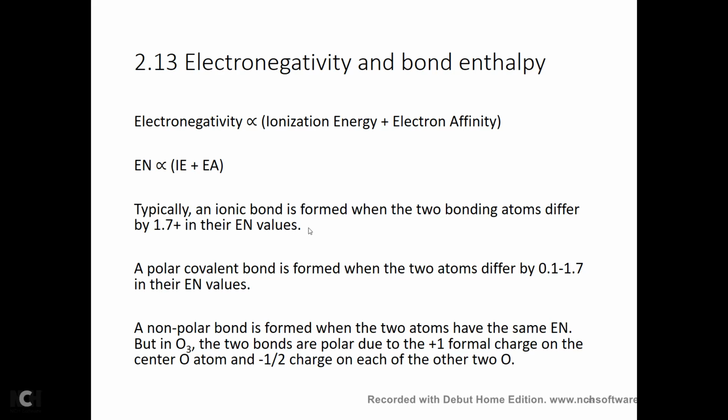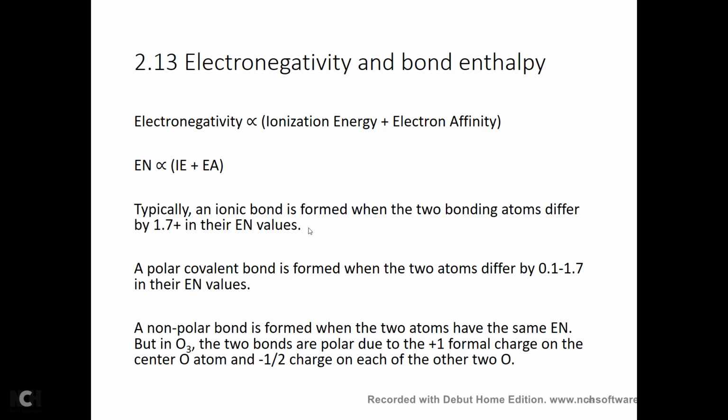However, there are often exceptions. For example, hydrogen fluoride: the electronegativity of hydrogen is 2.1, fluorine 4.0. They differ by 1.9. Yet, hydrogen fluoride is usually considered a polar covalent molecule. Another example is aluminum oxide.